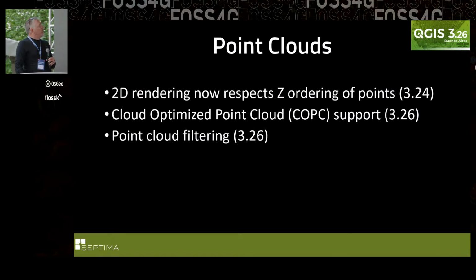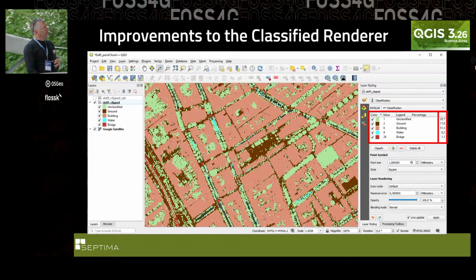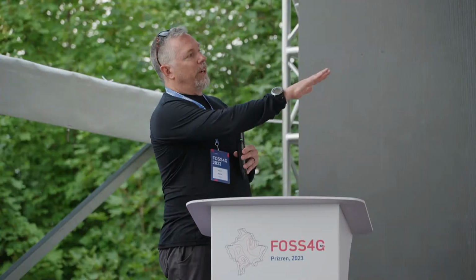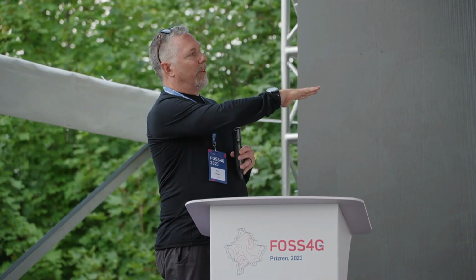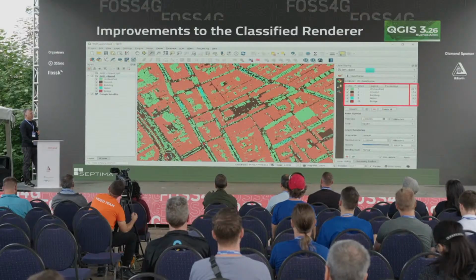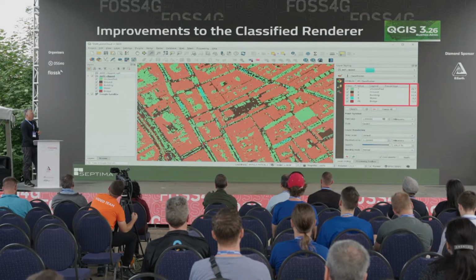A lot of changes with point clouds. 2D rendering now respects Z ordering. Cloud optimized point cloud is now supported, and there's point cloud filtering. You're going to hear a lot more about this from Saber next. There's been improvements to the classified renderer, so now it only shows classes that you have on the map, and it will give you the percentage of each one of those so you can get the magnitude of each class.